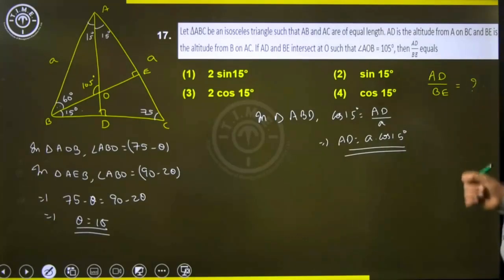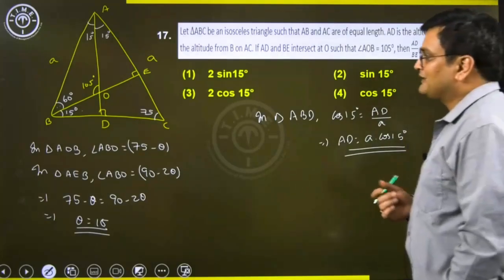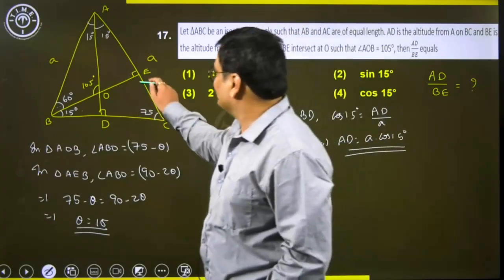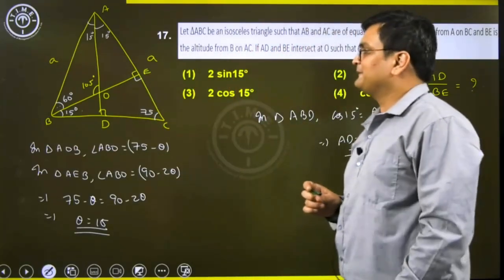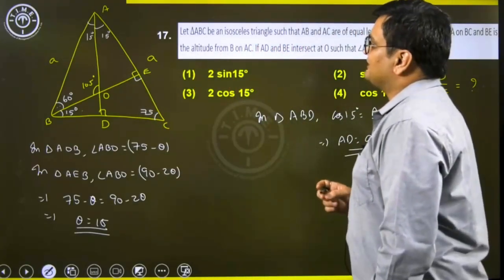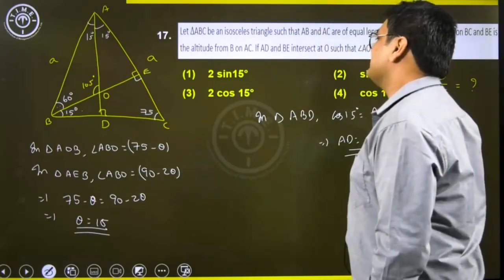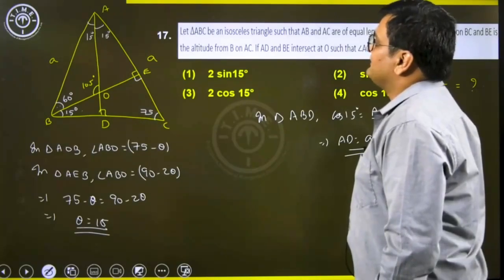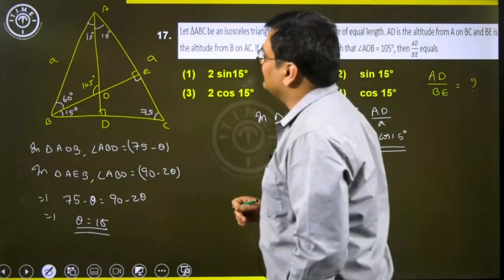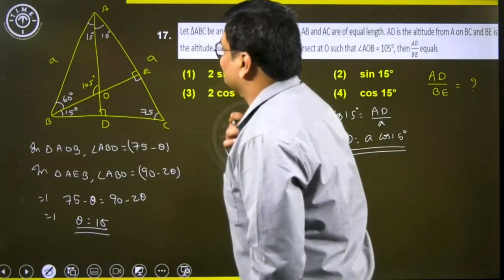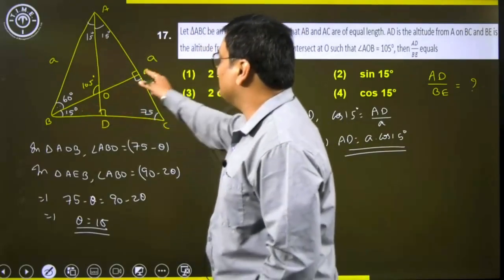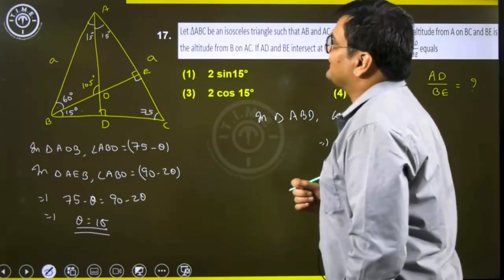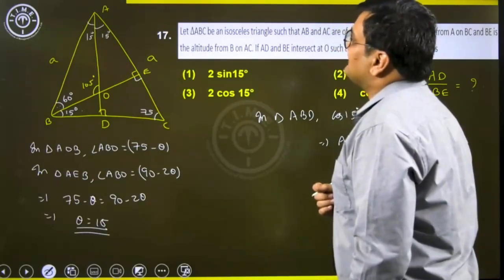Now, I want BE somehow. How do we get BE? For getting BE, observe, this is also 90 degree. Is there a way in which we can get to BE? Yes, maybe. If you look at the triangle ABE, you calculate sine 30 degree.